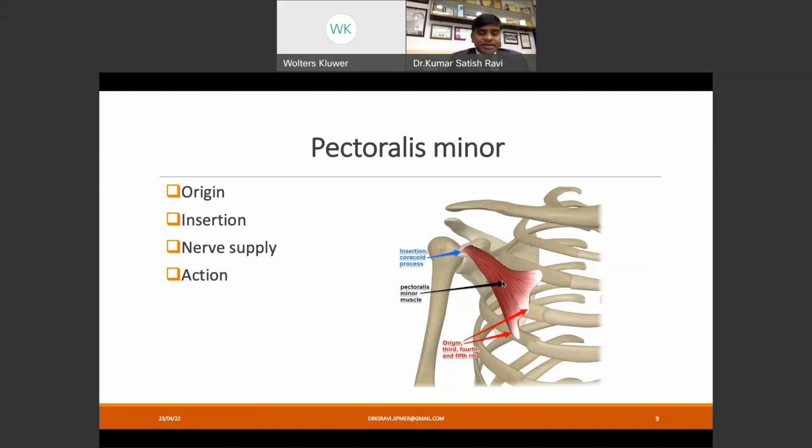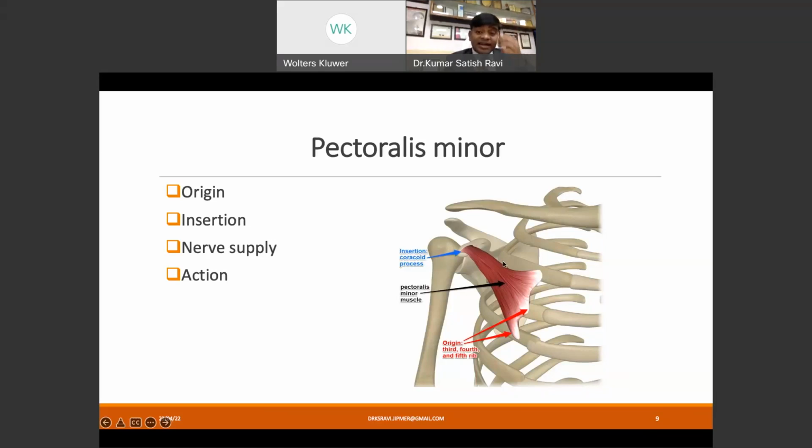If you remember, in the previous class I discussed that the axillary artery is divided into three parts by this muscle, the pectoralis minor. So the pectoralis minor works as a landmark which helps in dividing the different parts of the axillary artery. The first part extends from the outer border of the first rib to the upper margin of the pectoralis minor.